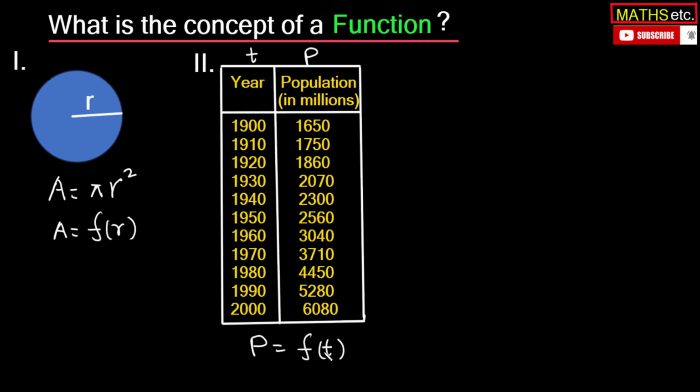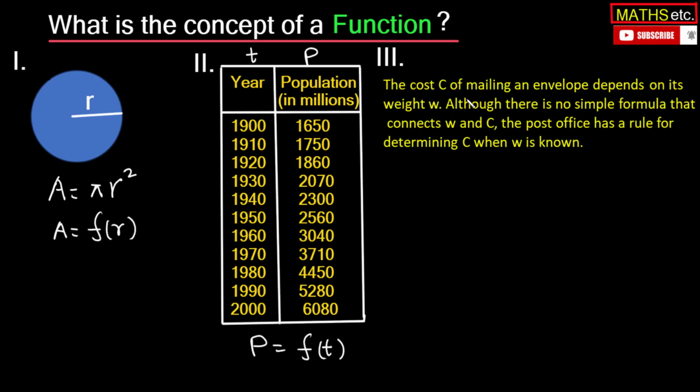So again in this case for a given value of t we have a number which is giving the value of P. And this is our third example, which is a word problem. In this case the symbol C represents the cost of mailing an envelope. You know, we mail envelopes from post offices, right? Now we know that cost depends upon the weight of the envelope.